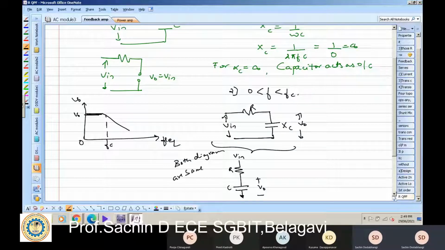Can anyone tell me the output voltage here by applying the voltage divider rule? What will be your output voltage?